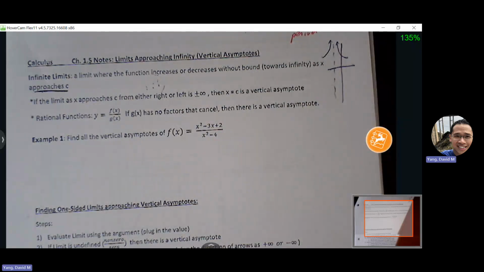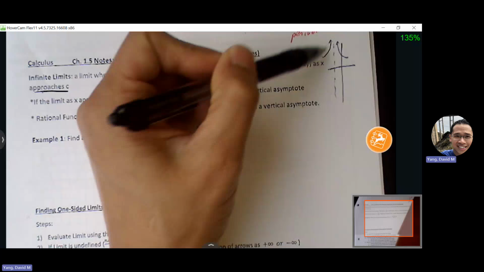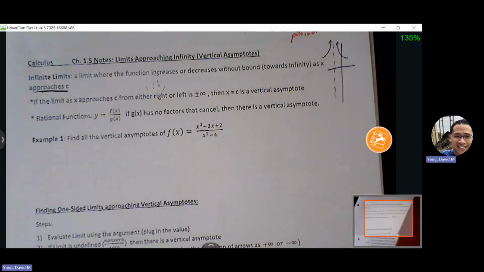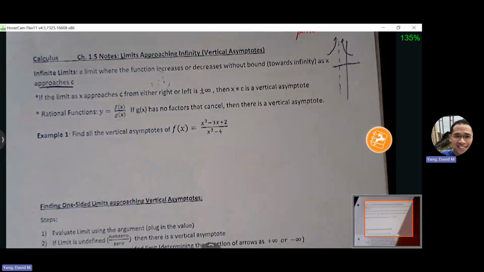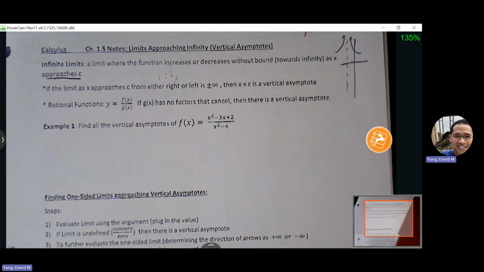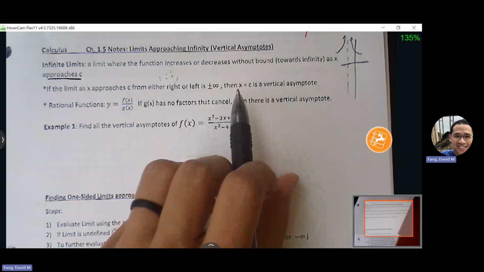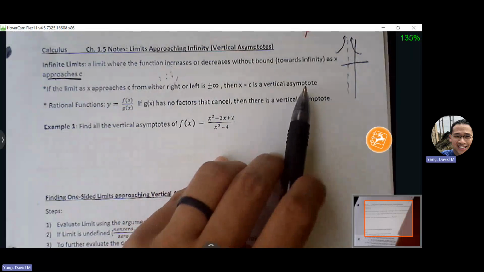We know that there are 4 options, but we do know that if it's truly an asymptote, our graph is going to move up or down, treat that as a wall, and never cross it, but just go either up or down towards that asymptote. If the limit approaches infinity from either the right or the left, then that c is a vertical asymptote.